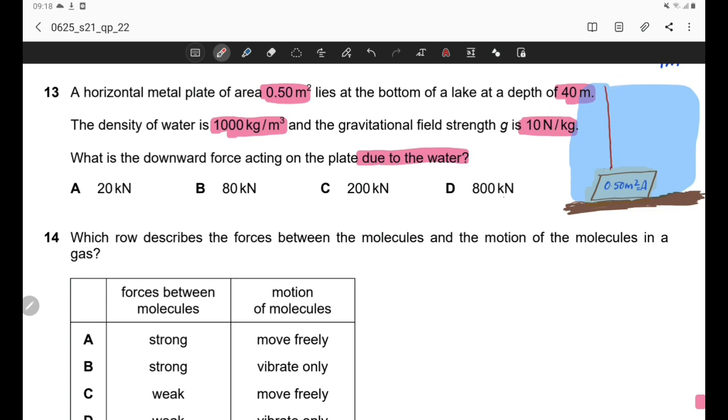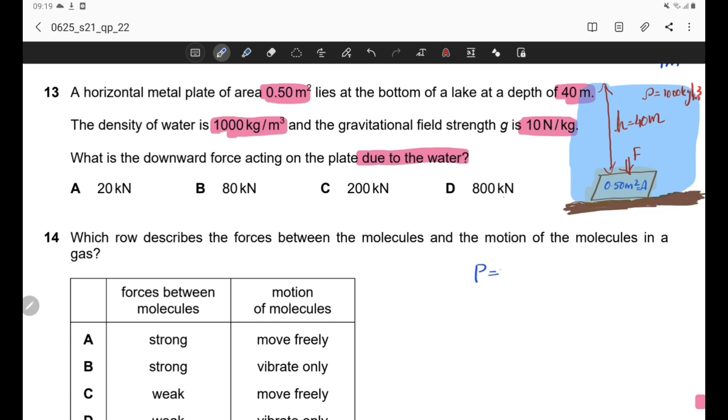So the depth or the height above this plate of the water level is given, that is 40 meter, and the density of the water is also given, that is 1000 kg per meter cube. We need to calculate what will be the force acting on this plate due to the water staying at the top of the plate.